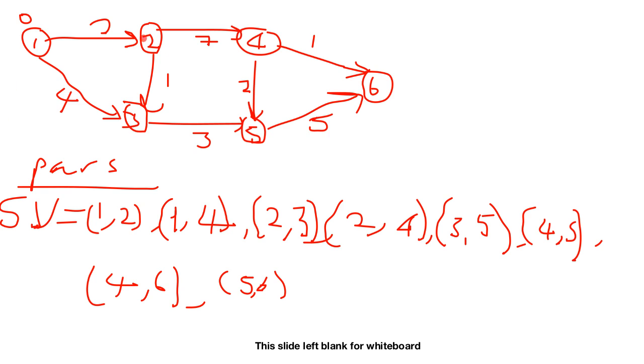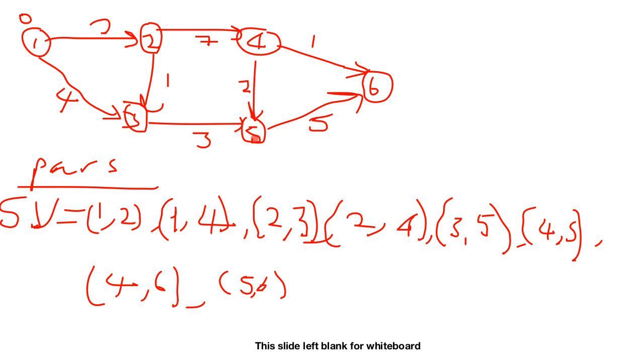We can even move to this 2 to 4, and we select the distance that is supposed to be covered, pointing to 4. Then from 4 to 5, we can still use that, or we can use 3 and 5. So in this case, we are having two distances, 3 and 5. Then we can have 4 and 5.